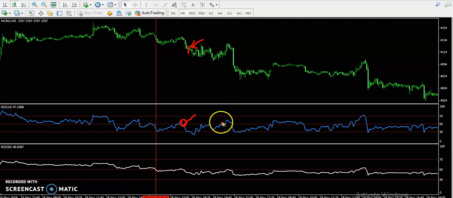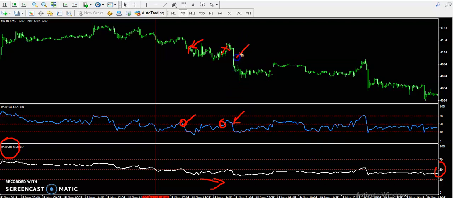Alright, so somewhere here we have seen a buy opportunity, but we are never going to take a buy because RSI 50 is running below this 50 level. So that is why we are looking for short only. Next, you can see here another breakout for the sell.